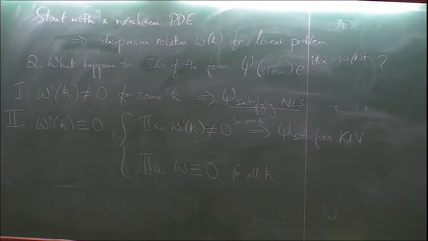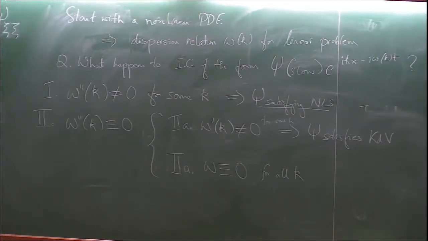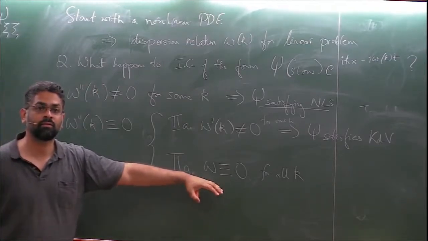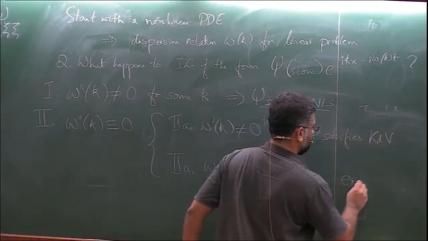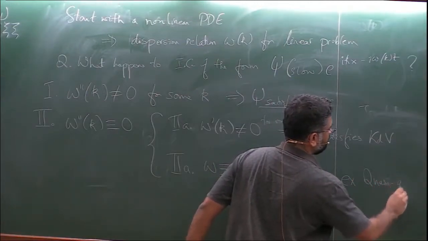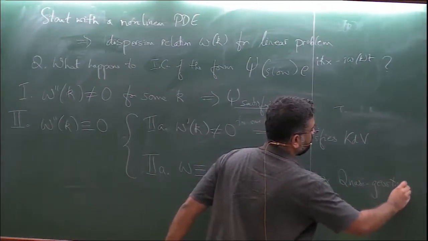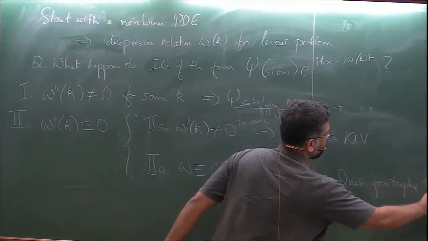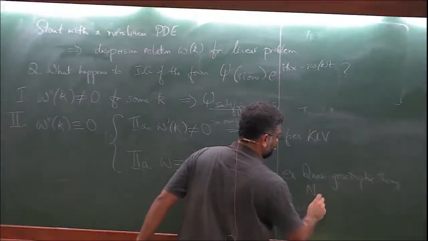And that's precisely what happens in atmospheric science when you have the Coriolis term included for the Euler equations for fluid dynamics, and you have a three-branched dispersion relation. Two of them look like this case. One of them looks like that case. So an example of this is quasi-geostrophic theory, and technically also Navier-Stokes.